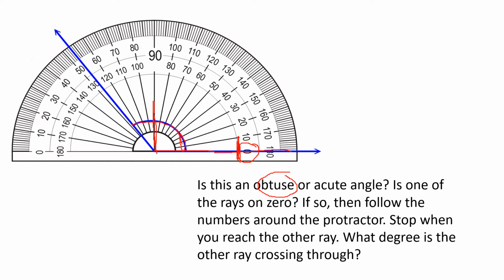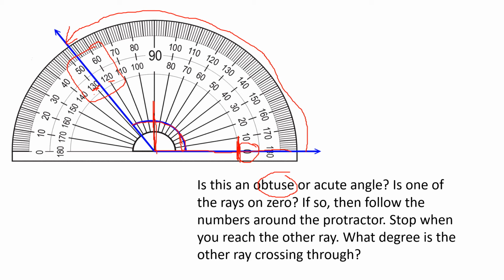So I'm going to follow my protractor all the way around until I get to my other ray. Okay. I can see that my ray is crossing in this area. That's between 120 and 130.